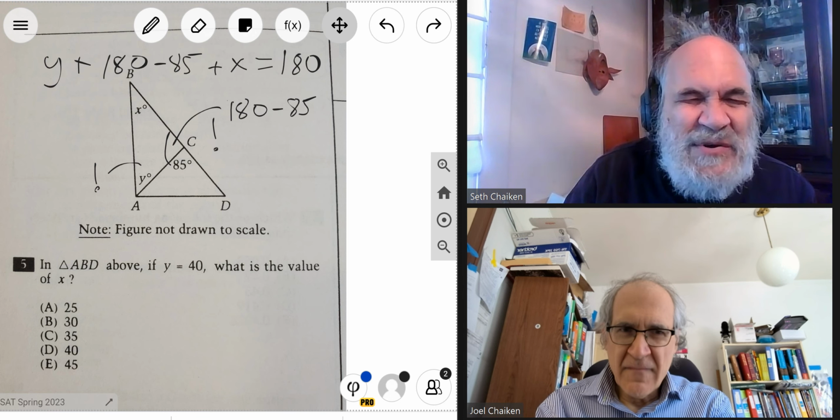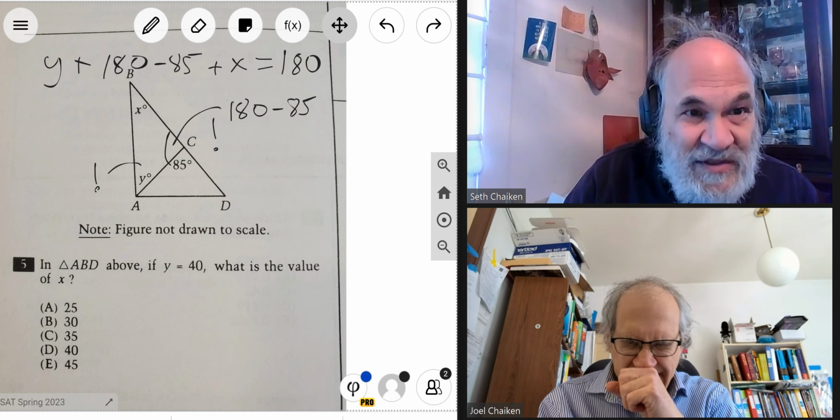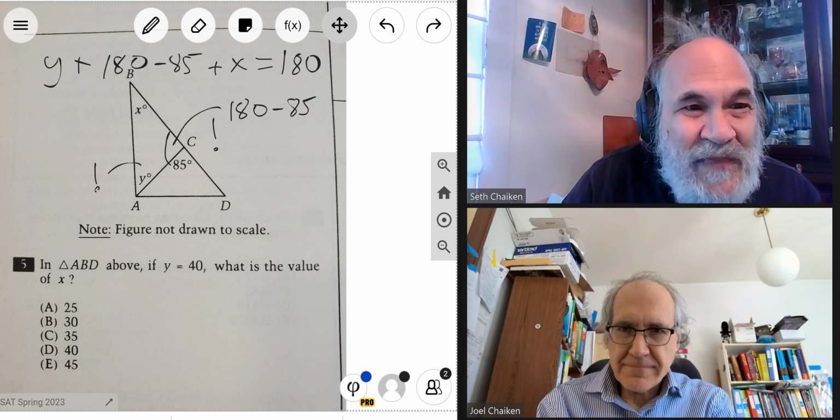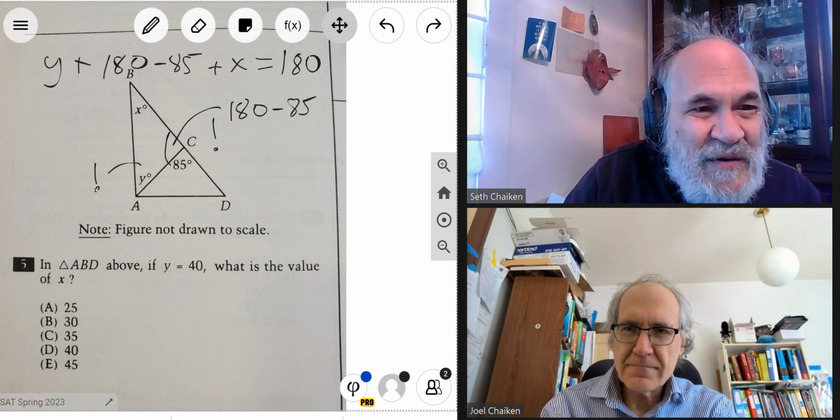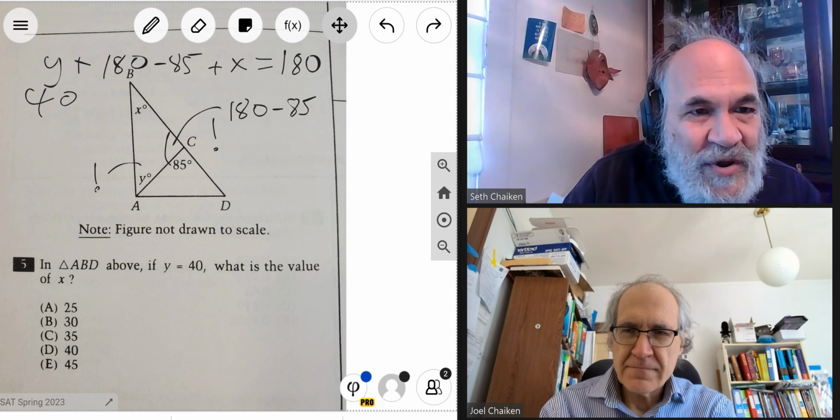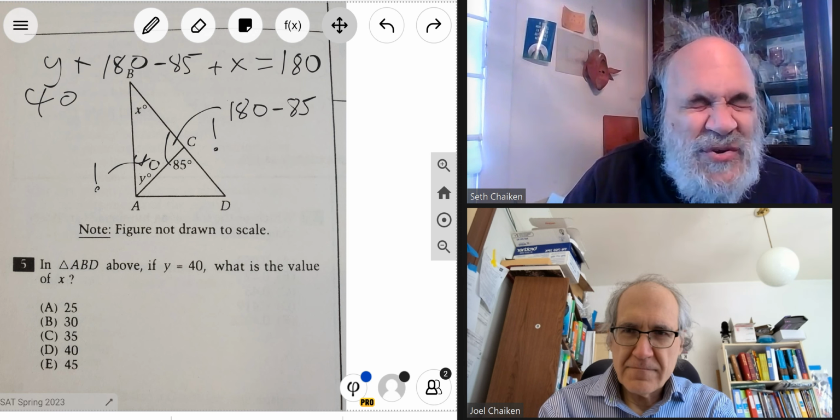Basic fact in geometry that this is testing you for knowing. And we know y, right? Y is 40. We have to do the arithmetic, so we might as well write the 40 here.